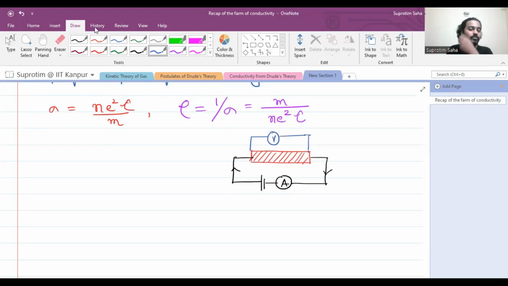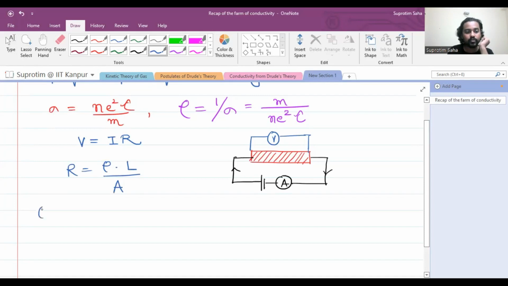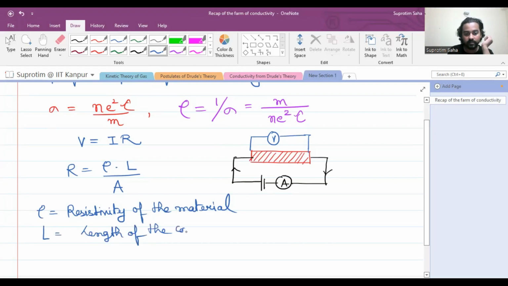So from Ohm's law, V equals IR, the linear relationship that we got, and R is rho into L over A, where rho is the resistivity of the material, L is the length of the conductor, and A is the cross-sectional area.